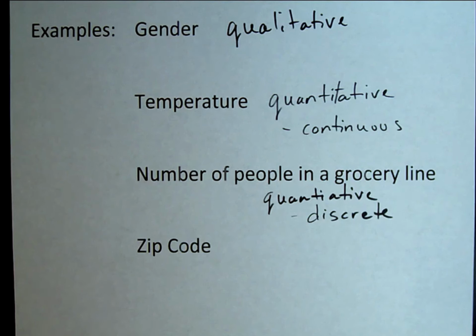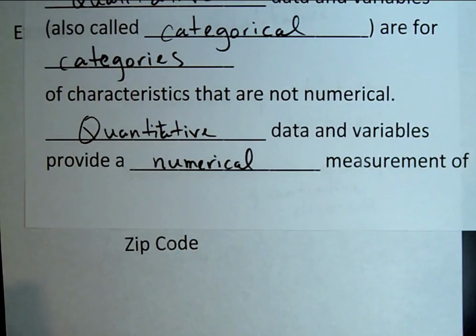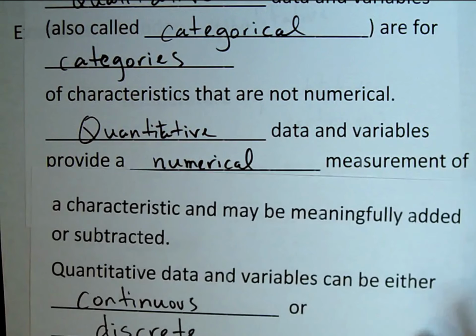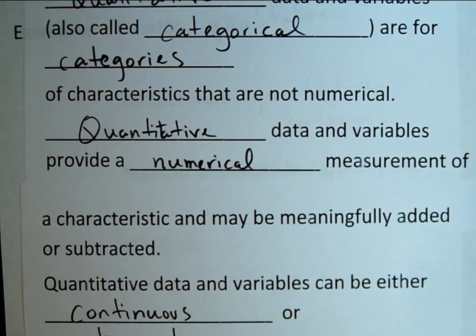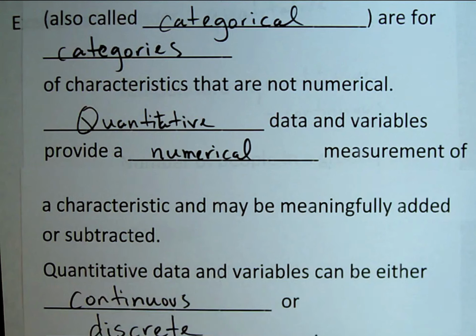but it's not really numerical in the sense that, for example, let's see if I can find where we said this in the notes. Okay, quantitative variables, data and variables provide a numerical measurement. And remember this little addition here, and may be meaningfully added or subtracted. So that's a little hint there, that not all numbers are numerical measurements.